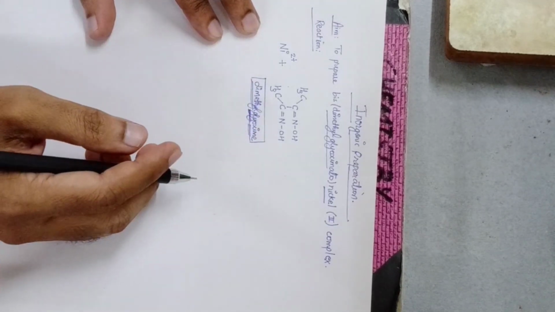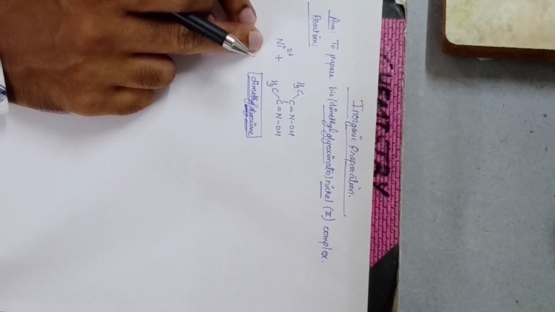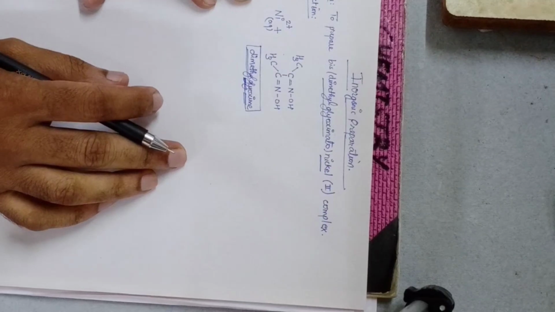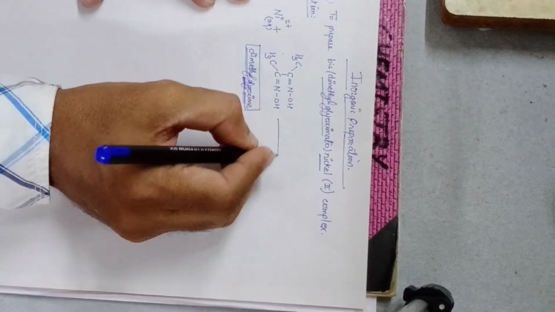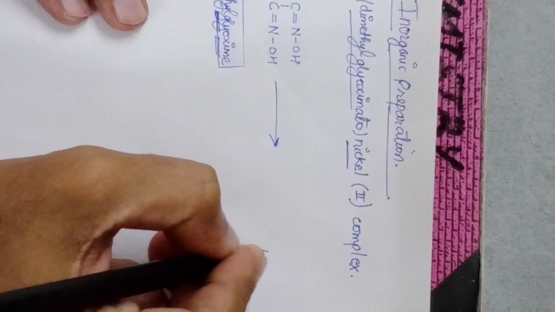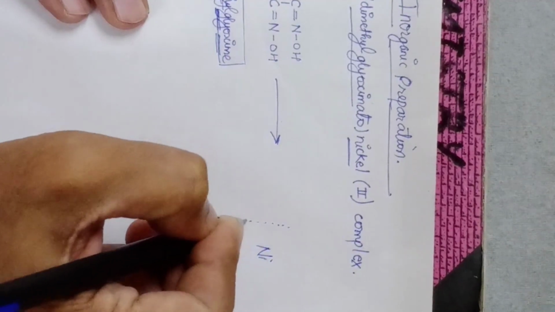The ligand or the reagent which is going to form a complex with our transition metal nickel, and this is an aqueous solution of nickel. On reaction, the complex that will be obtained will be a nickel complex, and the ligand is attached to this complex in this way.